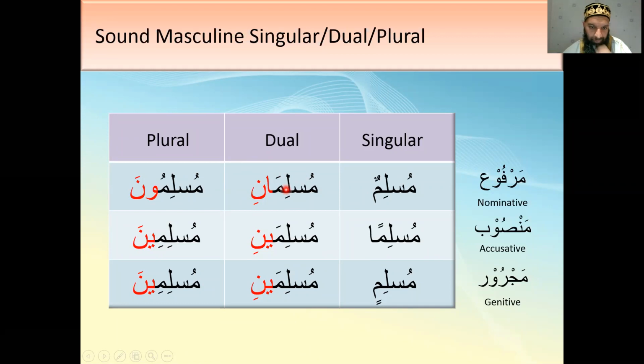Ani is marfu. فبأي آلاء ربكما. What is it? فبأي آلاء ربكما تكذبان. This one here is dual. What does the translation say?